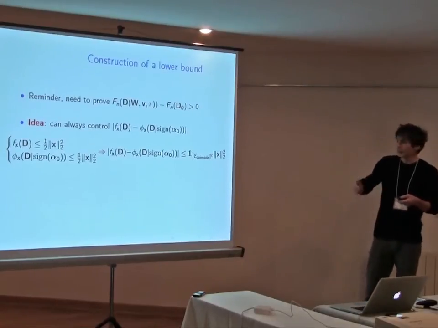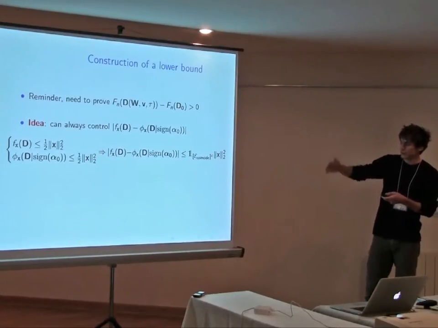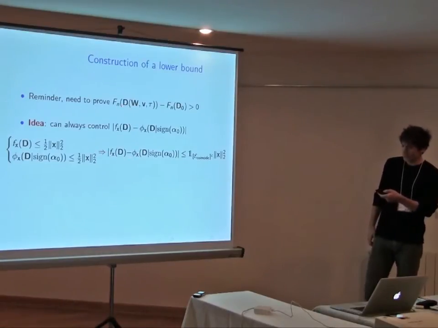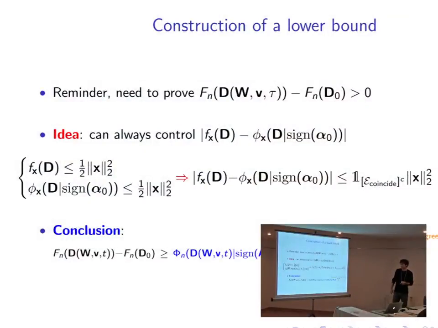If we sum over each signal, the set of n signals, in order to get back to the function f of n, we obtain this conclusion: the function f of n is bounded by our surrogate function phi of n minus some residual term r of n that measures how often the surrogate and the function disagree. And so now the objective is to prove that this lower bound is strictly positive.